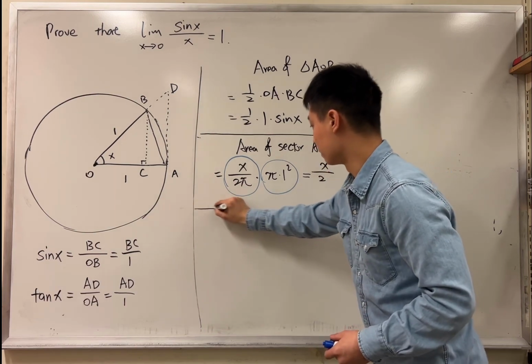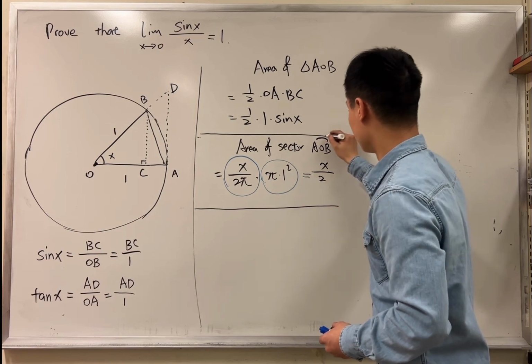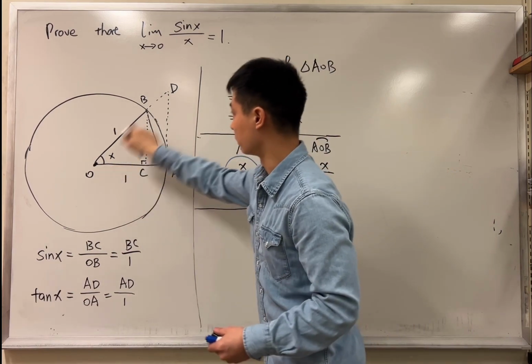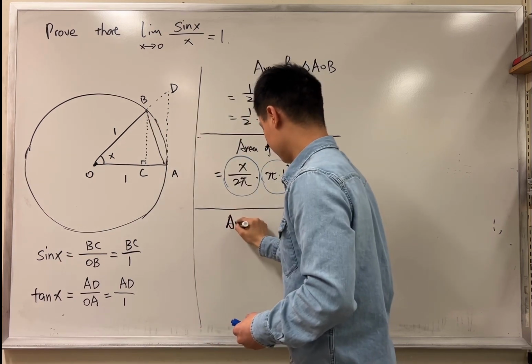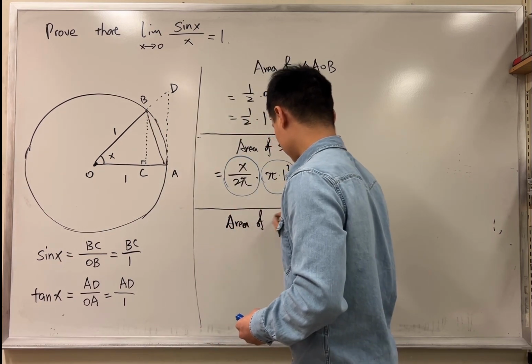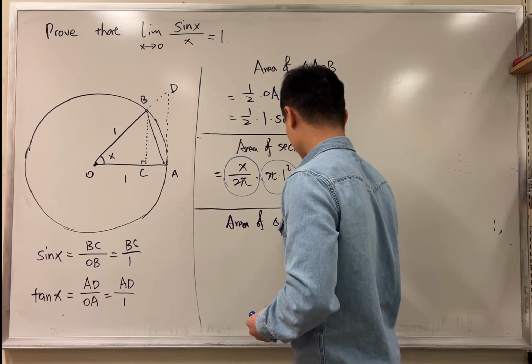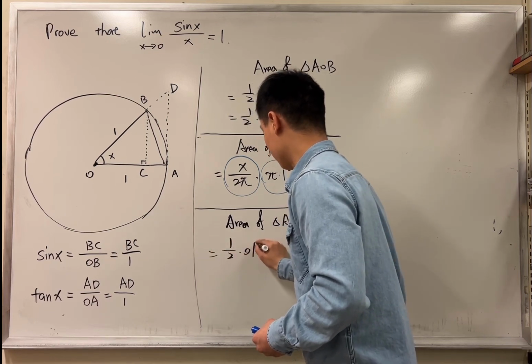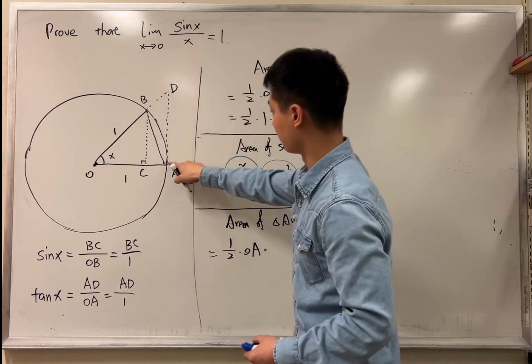Okay, so next we can calculate the area of this big triangle AOD. AOD will be 1/2 times the base OA, and then times the height AD.